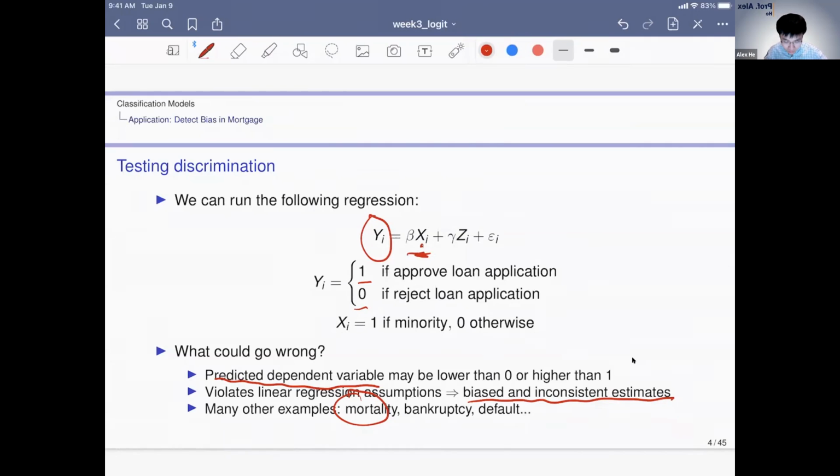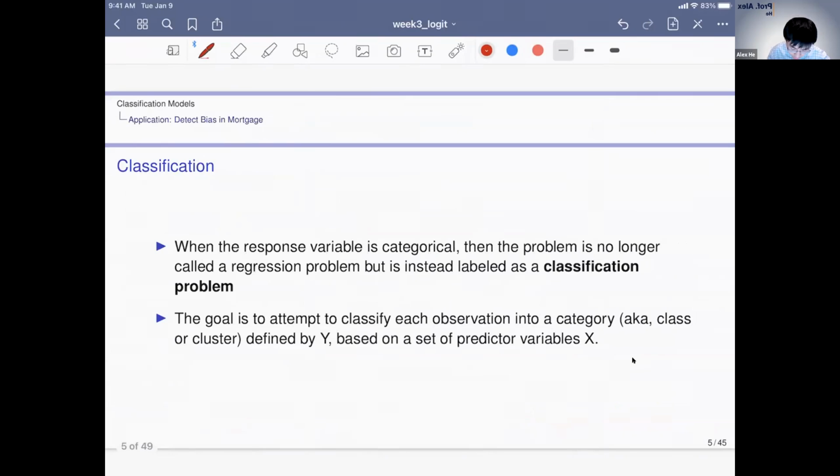So it's two categories. Or if you want to predict a firm's bankruptcy, that's again either it's bankrupt, which equals 0, or it's not, which equals 1. Or when you want to predict the default of corporate bonds, whether it defaults or not. So only two values. There are plenty of examples like that. And these are called classification problems because now we're not predicting some continuous variable.